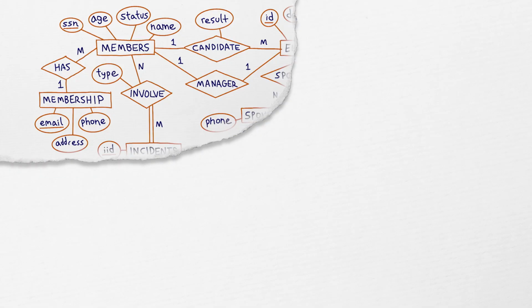Once I did that identification, I know that I'm going to have a relation called members. For members, I'm going to go over the attributes that I have there: a social security number, an age, a status, and a name, and that's it. But I also have a foreign key, which is coming from membership. The primary key there is email, so I'm going to get email as a foreign key.